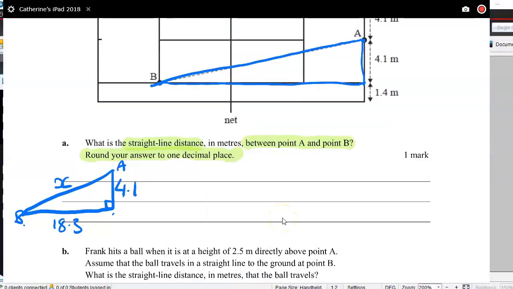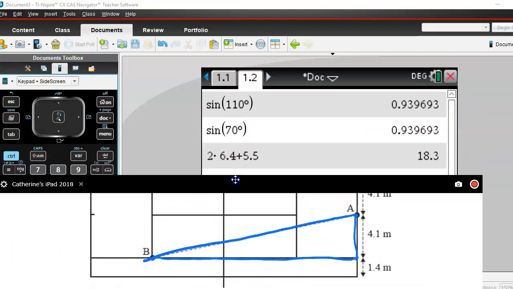We see a lovely right angled triangle with Pythagoras theorem that we can use. I'm just going to solve this fairly swiftly.